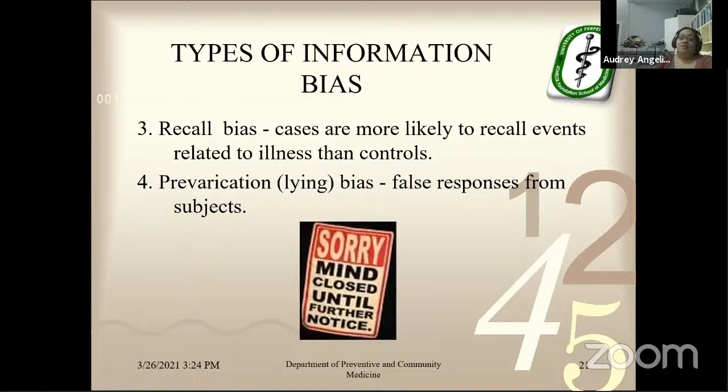Prevarication, so these could be false responses from subjects. It does happen. Not all subjects are truthful all the time. So for example, when you do your research, you have your Hawthorne effect. Okay, your Hawthorne effect is doing something when you know that you are being observed.